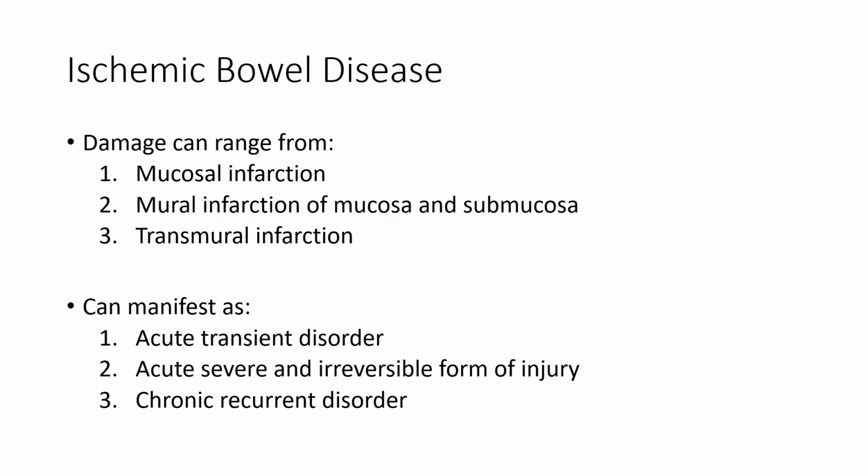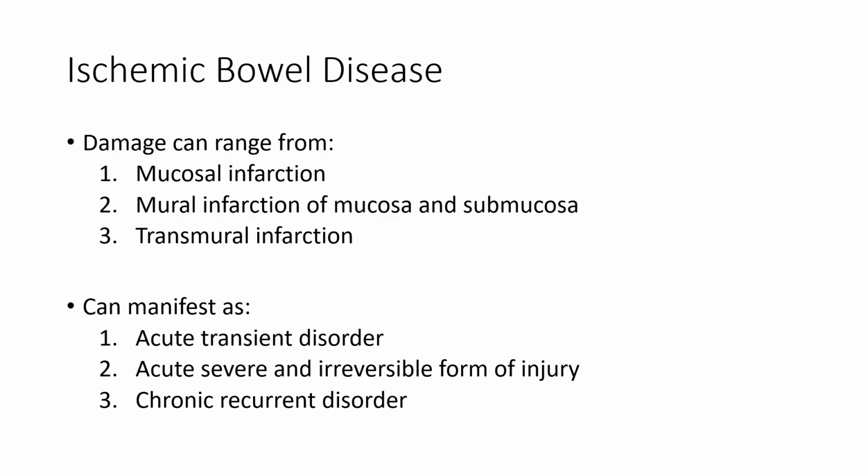It can range from mucosal infarction only, so the infarction is limited to the mucosa, or it can be a mural infarction involving the mucosa and submucosa, or in the most severe cases, it can be a transmural infarction involving all three colonic layers.